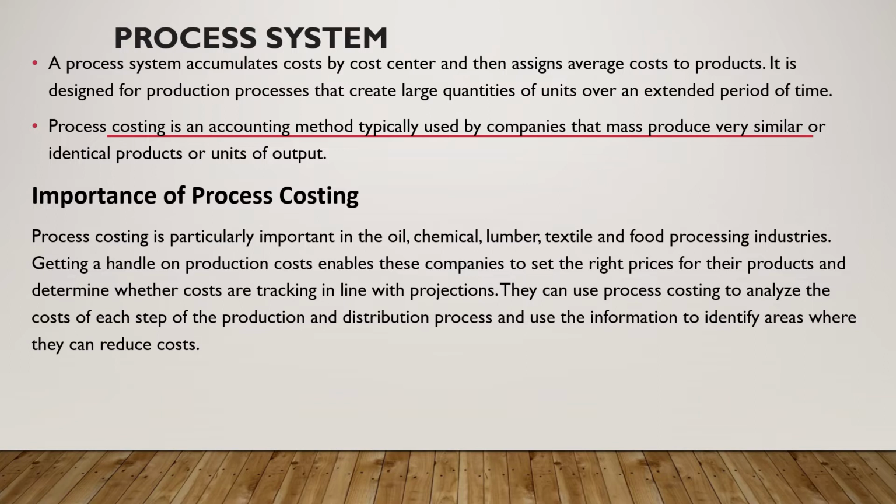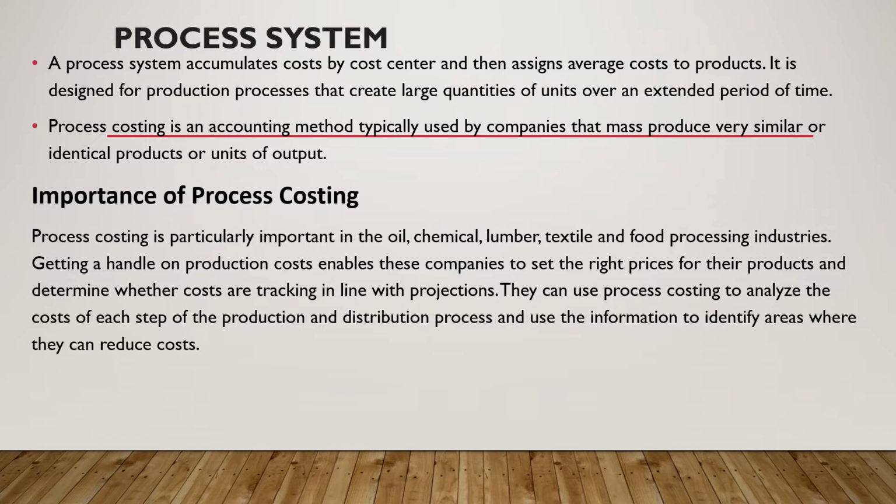For example, process costing is used by oil companies that produce millions of gallons of fuel and by processed food companies that make millions of identical packages of snacks. Process costing is particularly important in the oil, chemical, lumber, textile, and food processing industries.